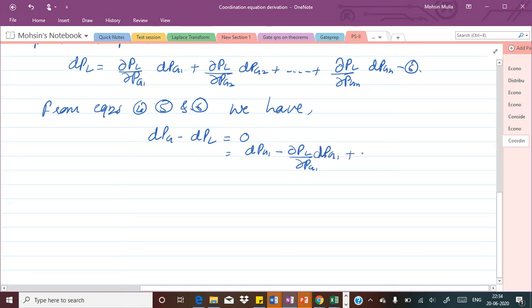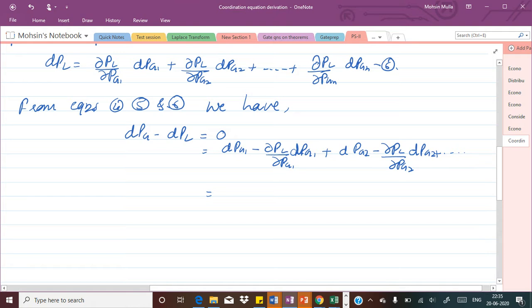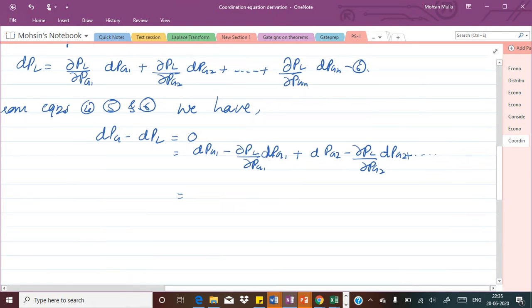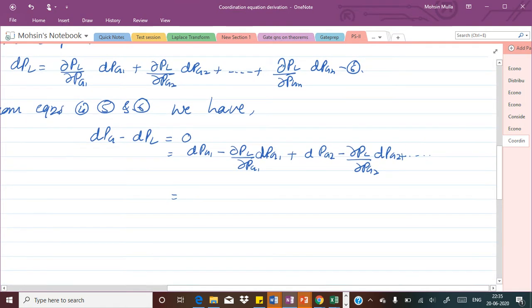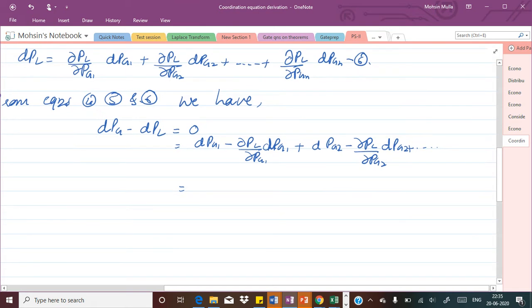Similarly we can write for the second term, dPg2 minus dou PL divided by dou Pg2 into dPg2. This will continue so on when we substitute. Finally, the last term we can also write from this expression here, but let it be, so you can understand.